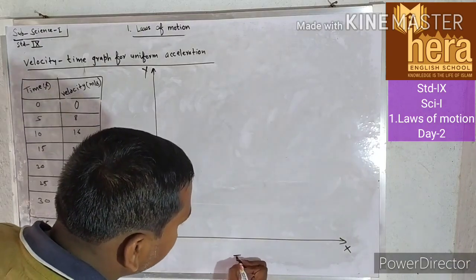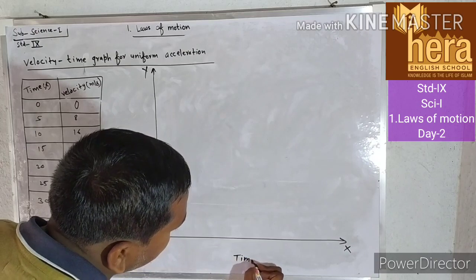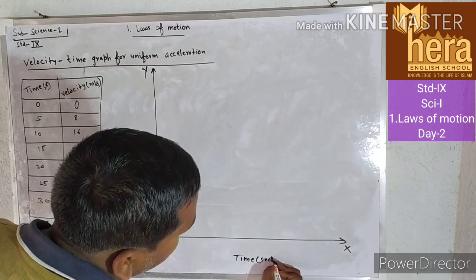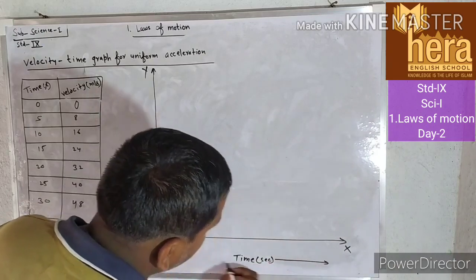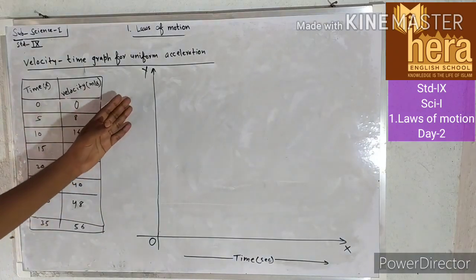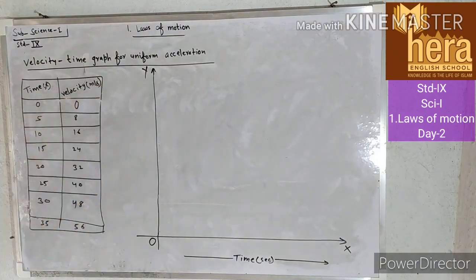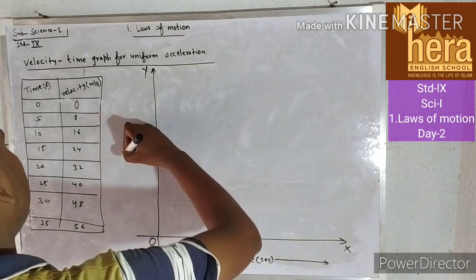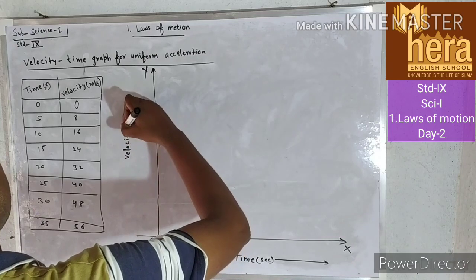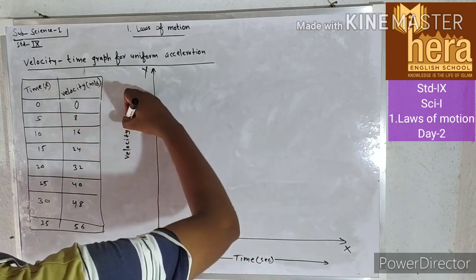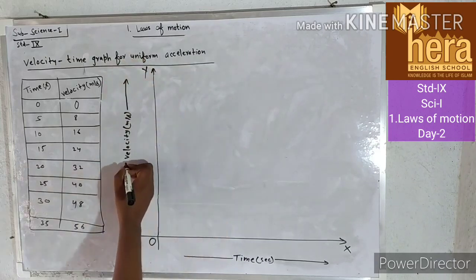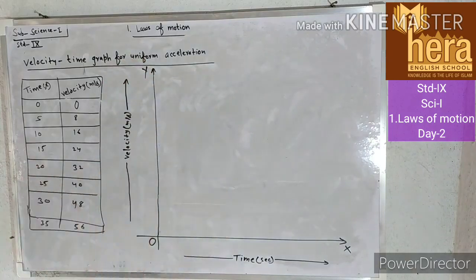So here I will take time. Time is in second. On y-axis, the rest of the thing, that is velocity. Velocity is in meter per second. Okay.